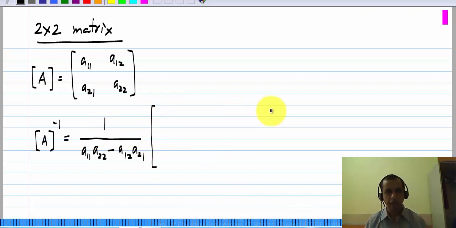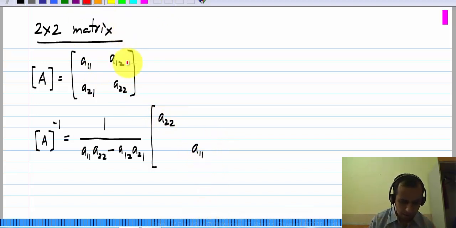Times the matrix of cofactors, which is very easy for a 2 by 2 matrix. All you have to do is swap the diagonal elements, that is A22 comes over here and A11 goes over there.